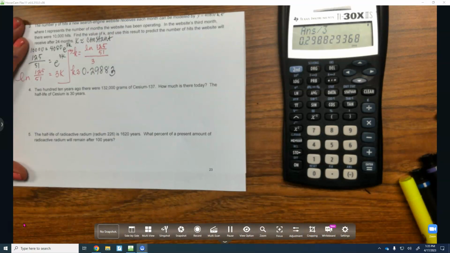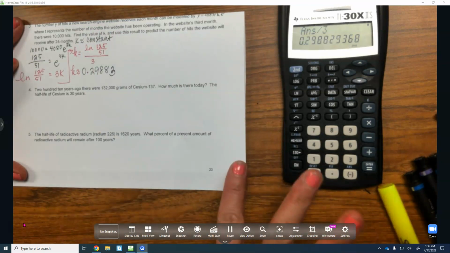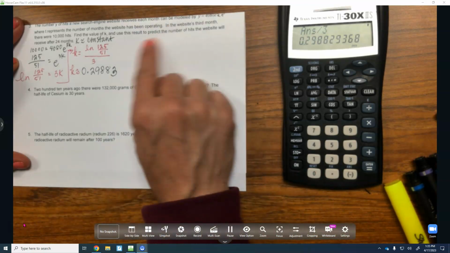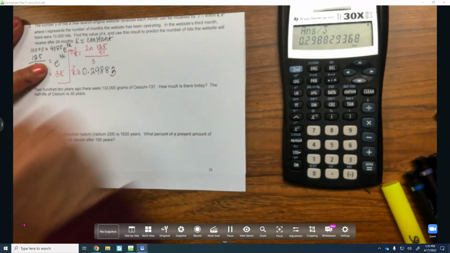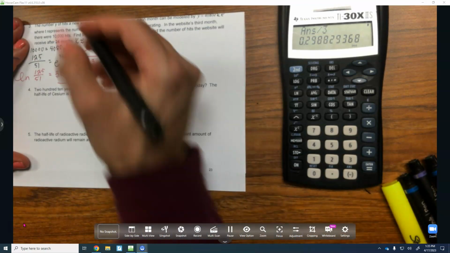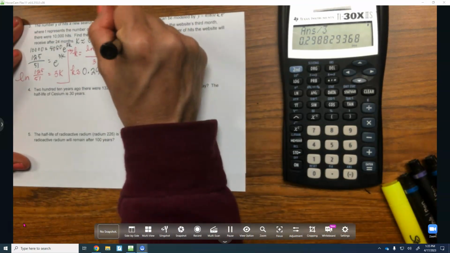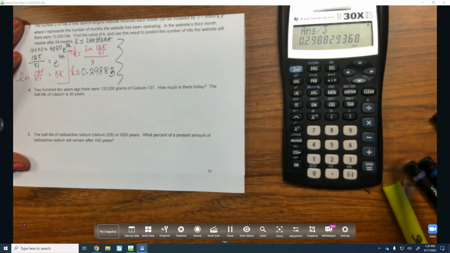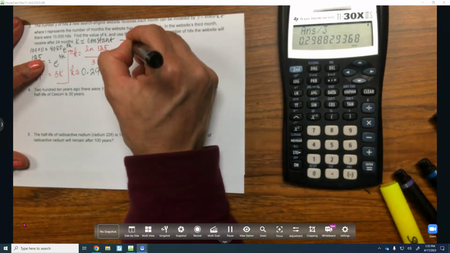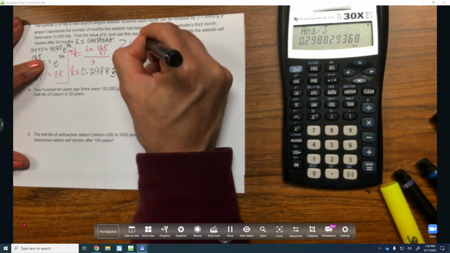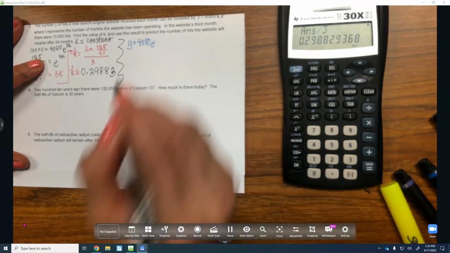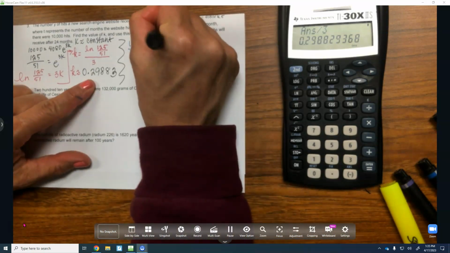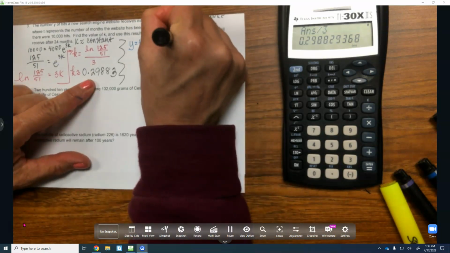All right, so now that I have this constant, I'm really able to answer the main question, which is the prediction of the number of hits after 24 months. So this time I don't know the total number of hits, so where that 10,000 was, we're just going to keep plain old y there. So y equals 4080 times e to the k value, 0.29883.